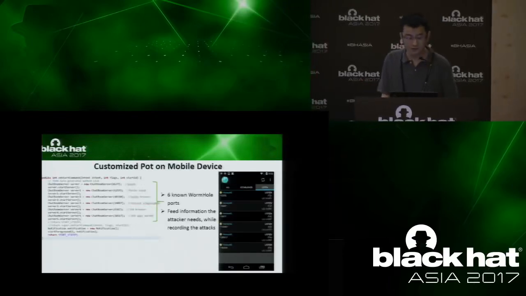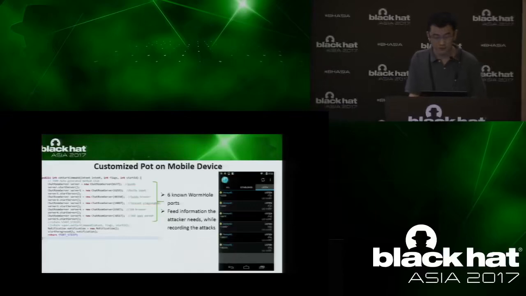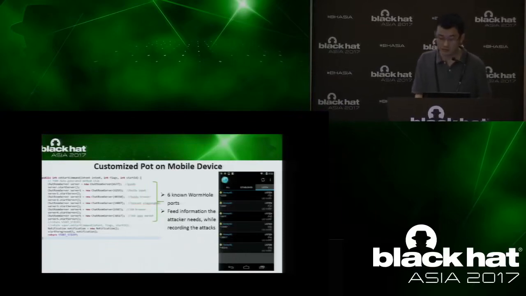The second one is the customized honeypot on mobile devices. We built an Android application which opens 6 well-known WormHole ports. When the attacker scans our honeypot, it will feed all the information the attacker needs and record the information of this attack.